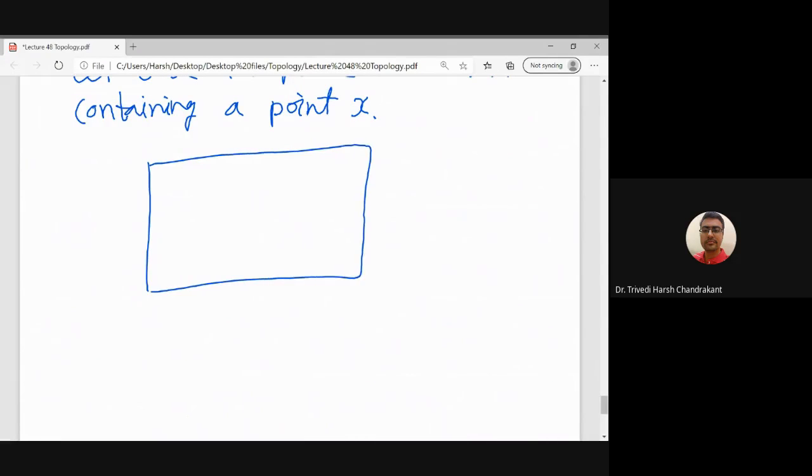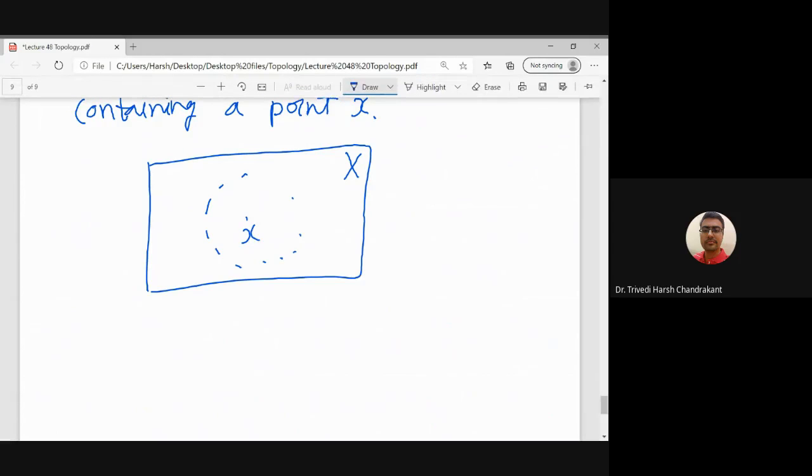So we have a topological space X in which we have a point and a neighborhood U.